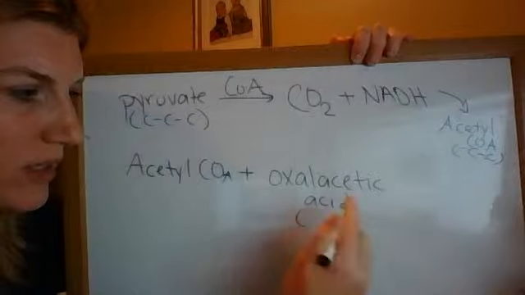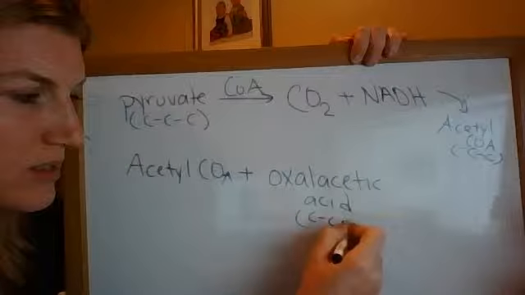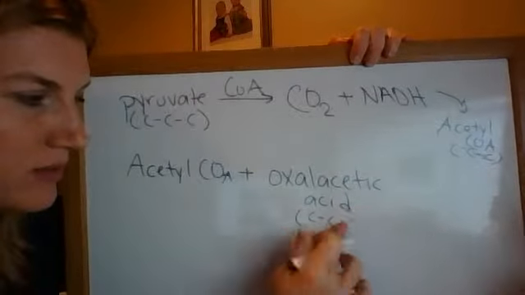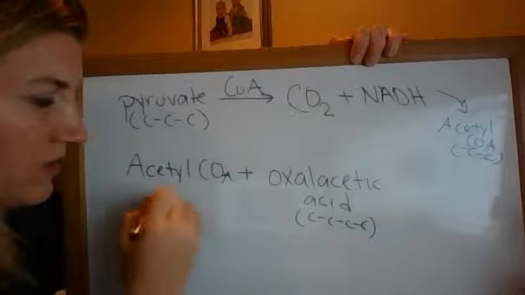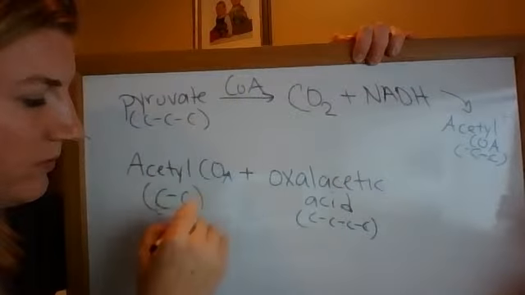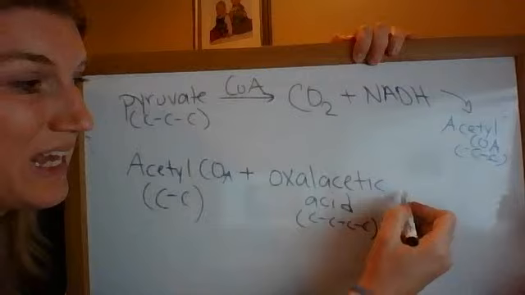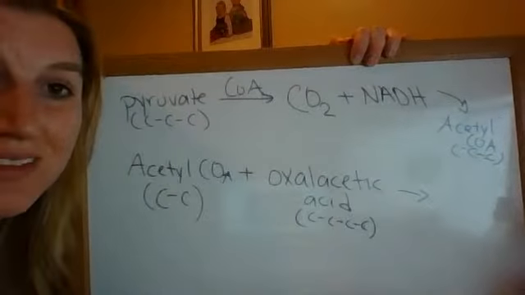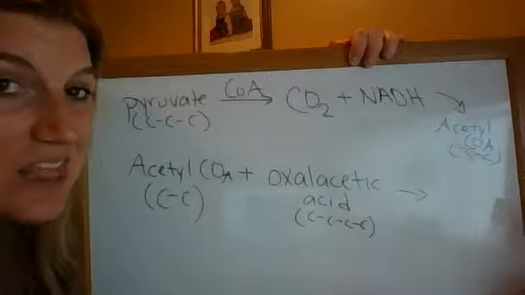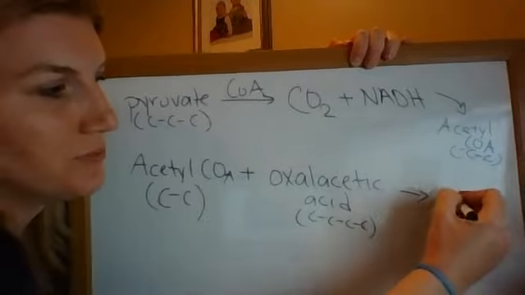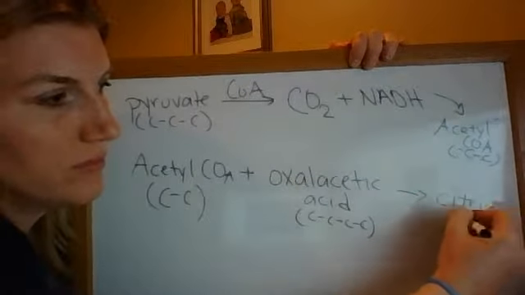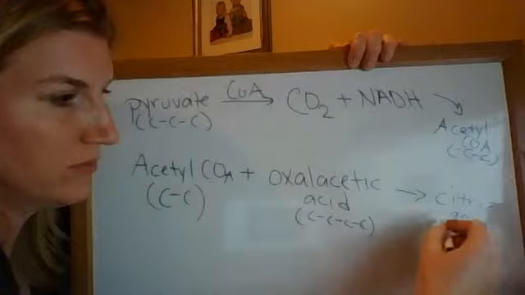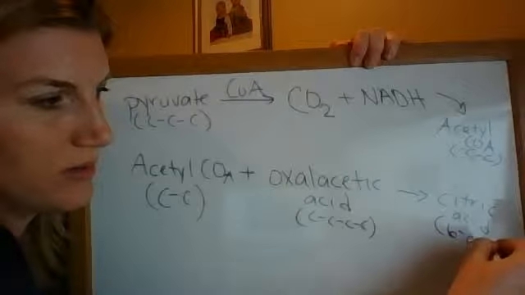C, C, C, C. And this is a 2-carbon molecule. 2 carbon plus 4 carbon, and now we're back to a 6-carbon molecule, which is citric acid. Hence the citric acid cycle, which is 6 carbons.